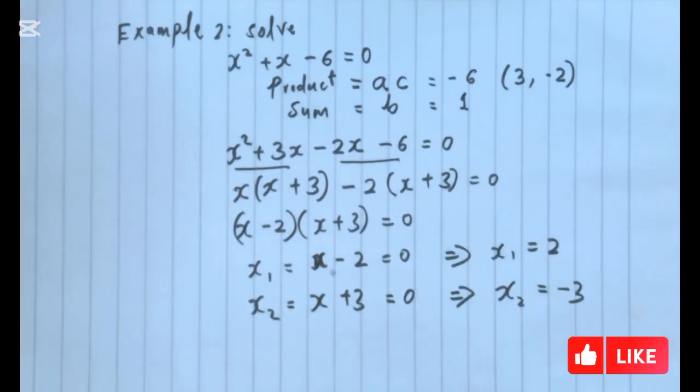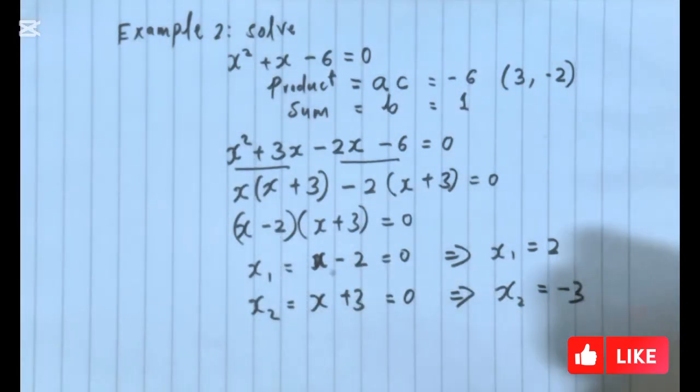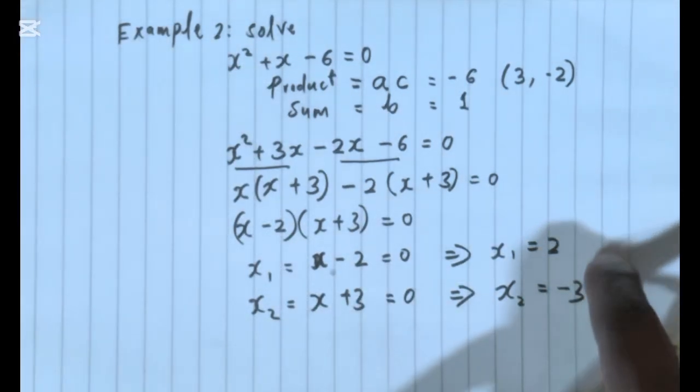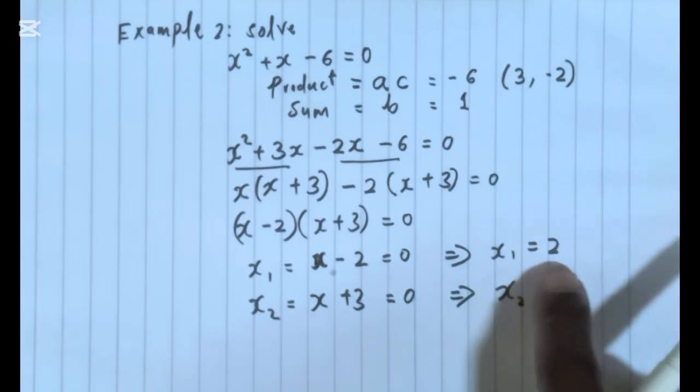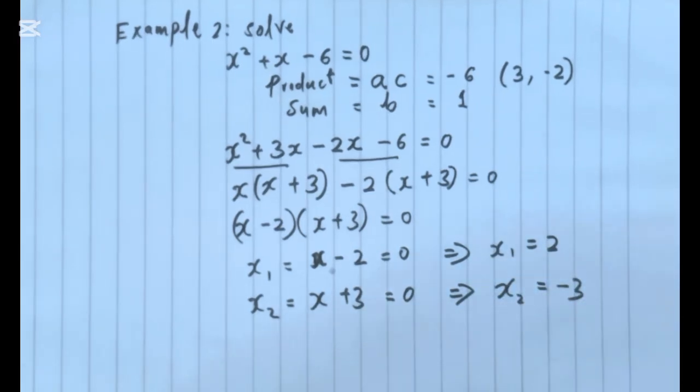And that's basically it. All right, for the third example, I want us to use the roots that we have. Roots are the solutions, the possible values of x, to then go ahead and derive a quadratic equation. So we are going to use the roots of this particular problem to try and solve that.